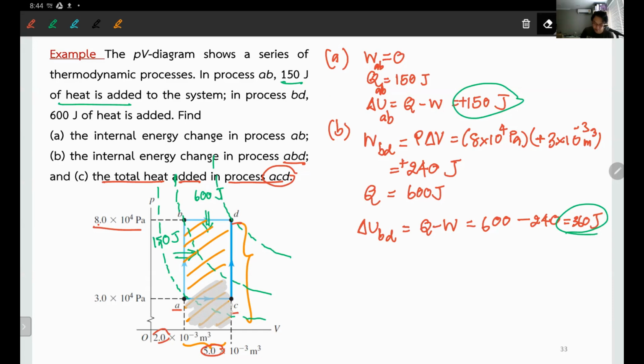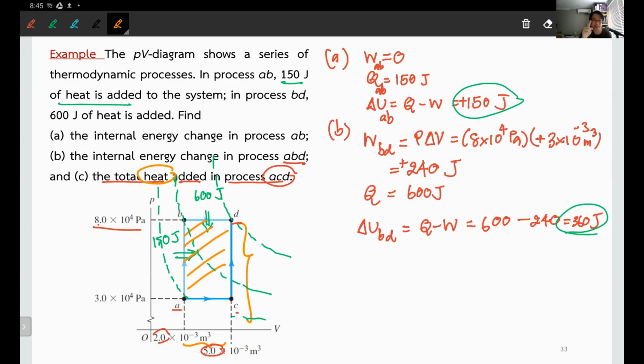Let me erase some of these to clear things up. You want to go from A to C, C to D, but now they're asking you to figure out the amount of heat added during this process. That's what they want. Want to try?